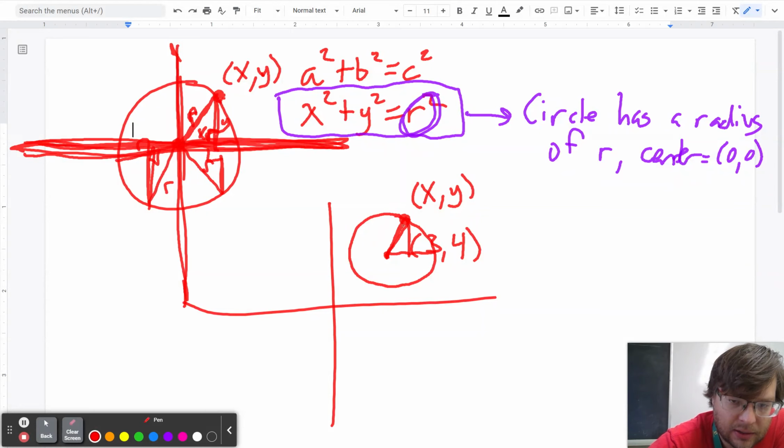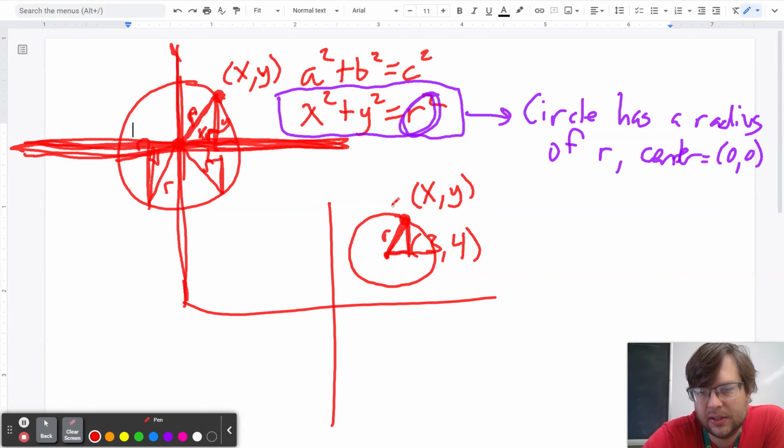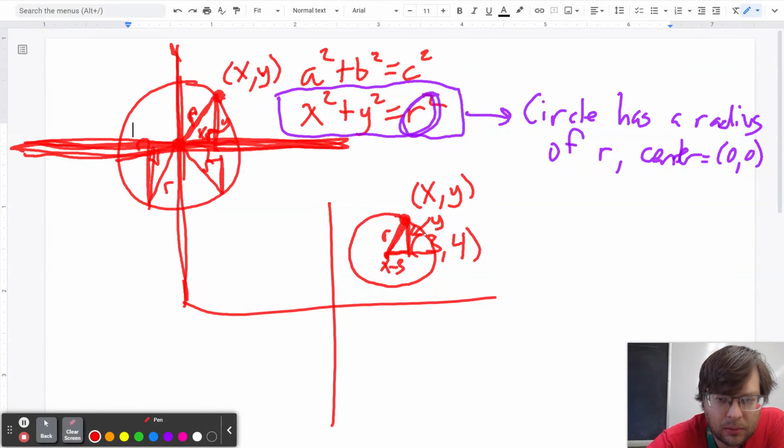The hypotenuse of my right triangle is still whatever the radius of the circle is. But now this leg distance right here is not just x. It's actually the distance between x and 3. And same idea here. This height is not just the letter y, it's y minus 4. I need to subtract the center of the circle to find the height and the width of the triangle.